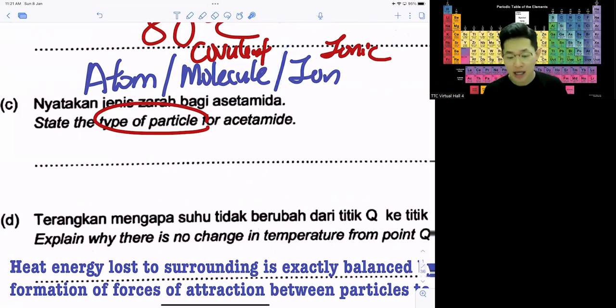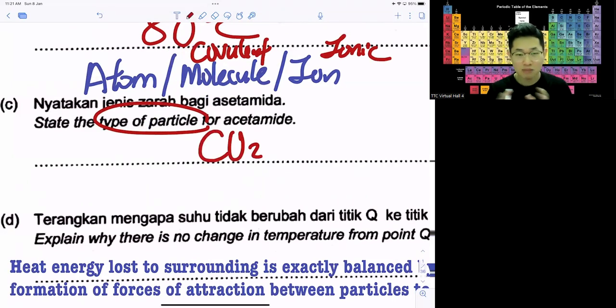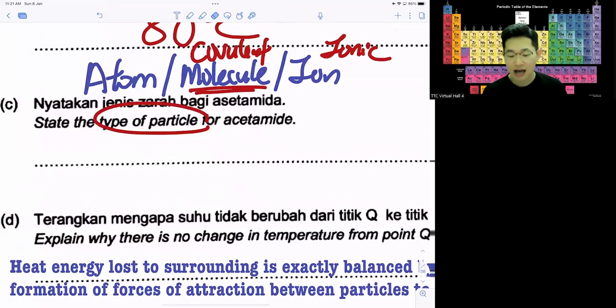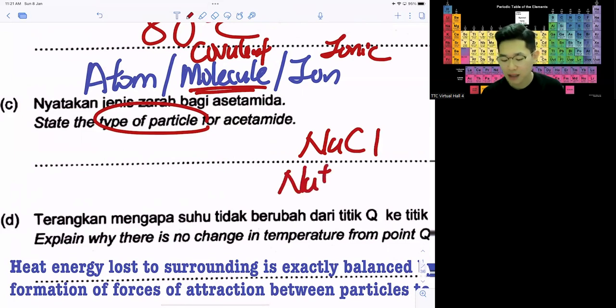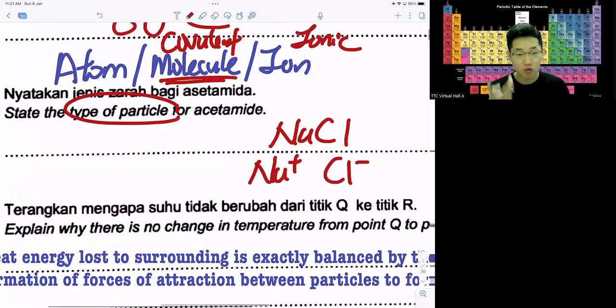In an easier way, you just ask yourself, are you able to split this into 2 ions? If you cannot split into ions, then confirm it will be molecule. Let's say I have NaCl. Can it be split into 2 ions, Na plus and Cl minus? 2 ions.